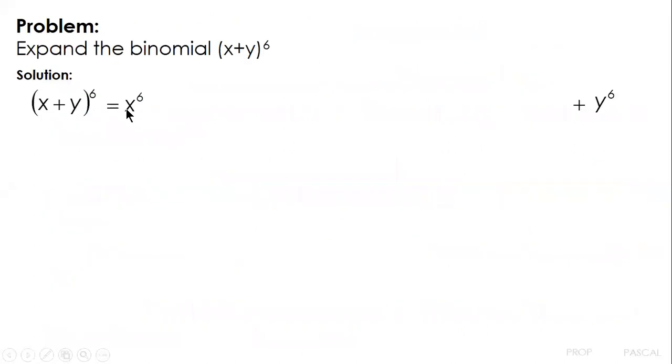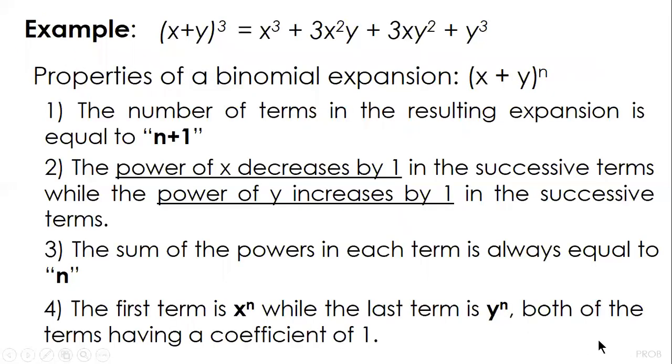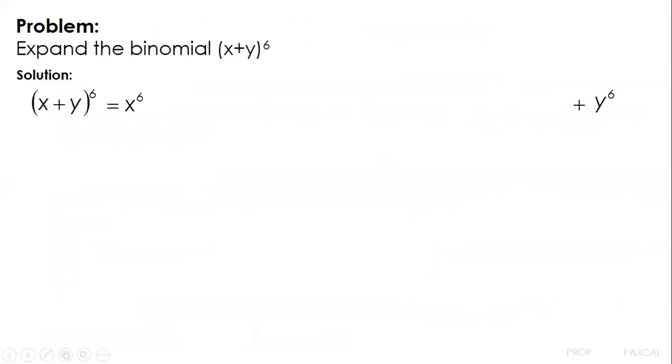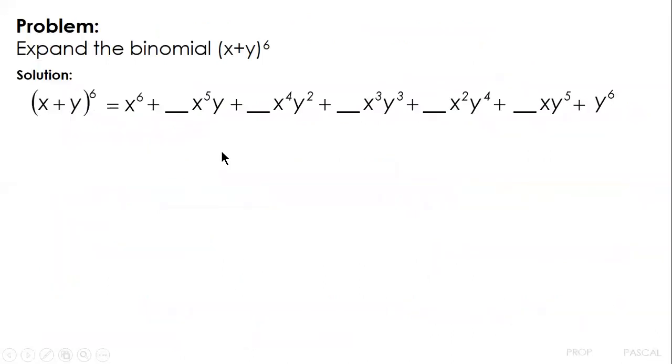So the first term is x raised to 6, and the last term is y raised to 6. Let's use this one. The power of x decreases by 1, while the power of y increases by 1. X raised to 6, 5, 4, 3, 2, 1, 0. For y, it's 0, 1, 2, 3, 4, 5, 6.